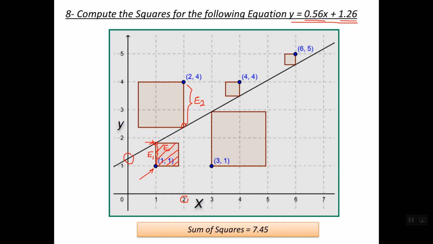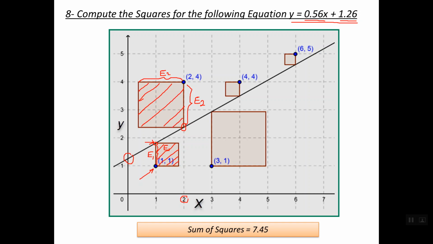We can compute the predicted value on the new straight line, but we are interested in the square of E2. So we have now a square, and we can compute the area of this square, which is the representation of E2 squared.